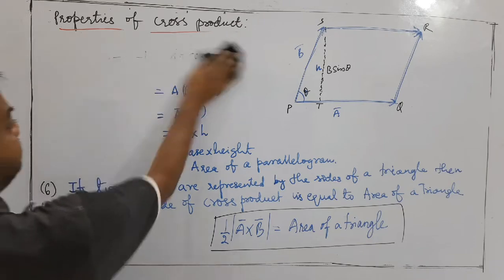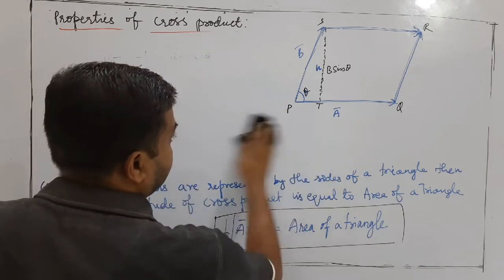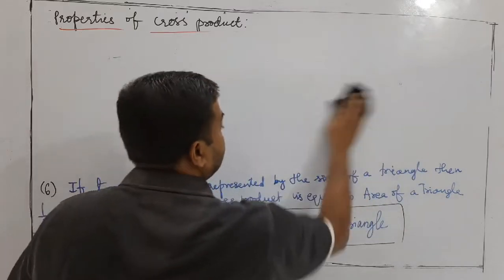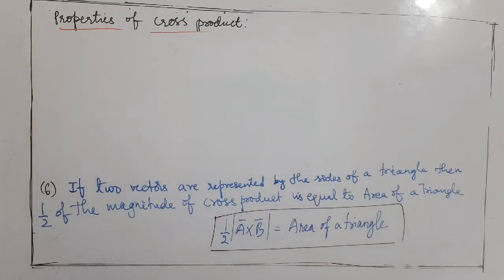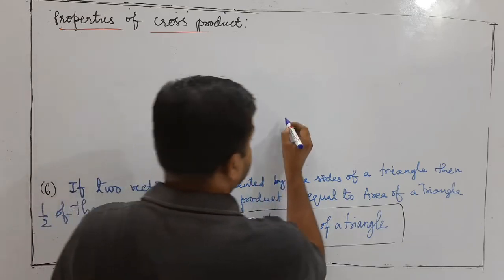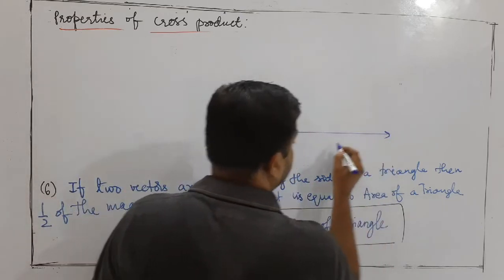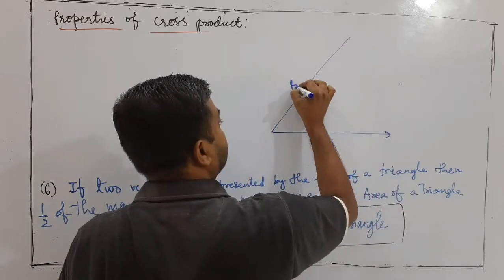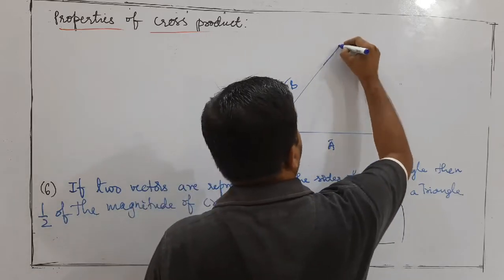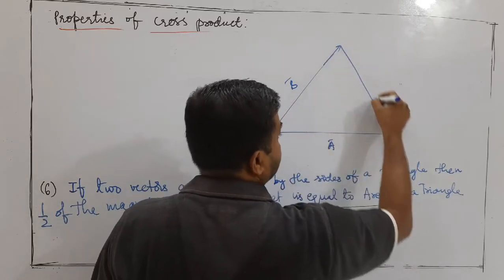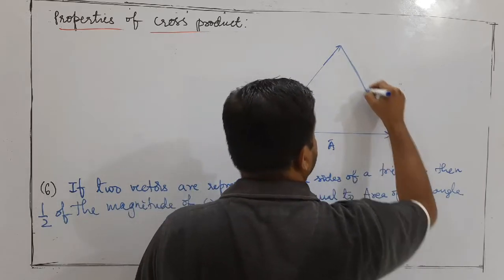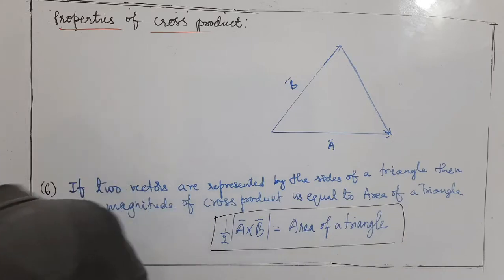Shall I rub this one? Okay. Now here, just consider as in the previous case, this is A bar and this one is B bar. This is what we have, a triangle, A bar and B bar.